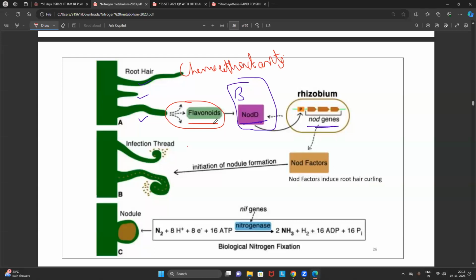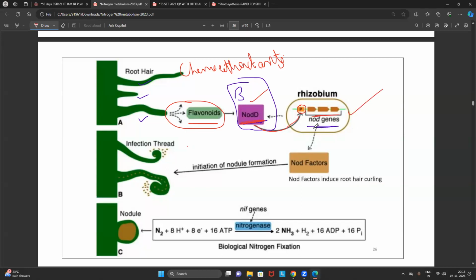Now those flavonoids will go and attract the NOD-D gene. The moment it attracts it, the NOD-D gene is activated. It's a very powerful one. Now the NOD-D gene, look into that. It will come and attach to the promoter. The moment it attaches to the promoter, every single NOD gene will get activated.